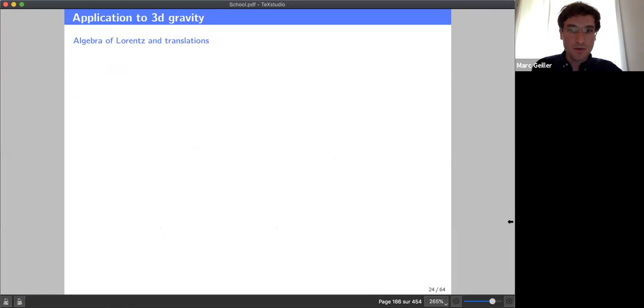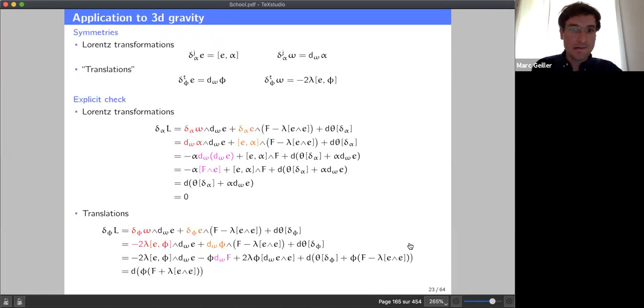The last step of the Lorentz transformation. Yes, sorry, I didn't make this explicit. So you see that when I use this variational formula, I really invite you to also check this.